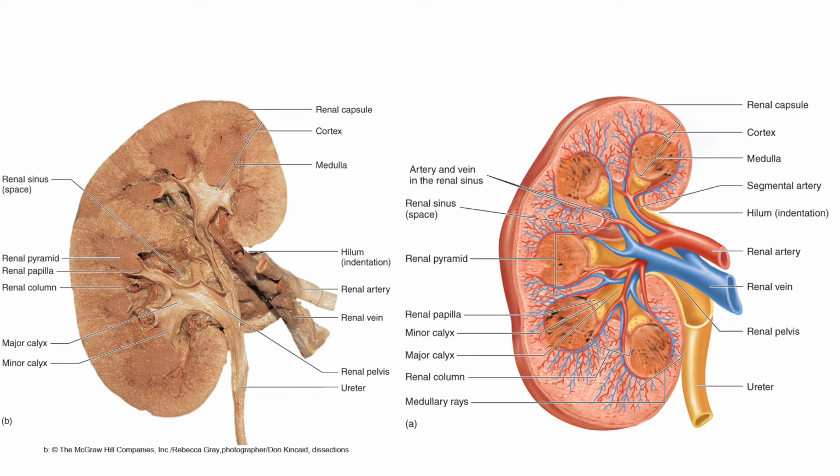The flow of filtrate through the nephron and urine through the kidney is something you should know for this practical, so when you come back to this diagram as well as the one before, you should know the flow of filtrate as well as urine through the nephron of the kidney.